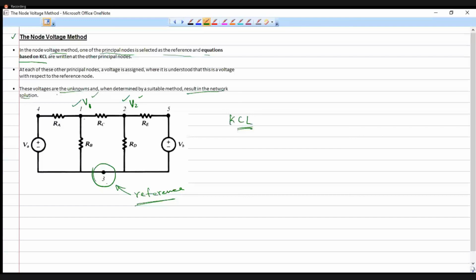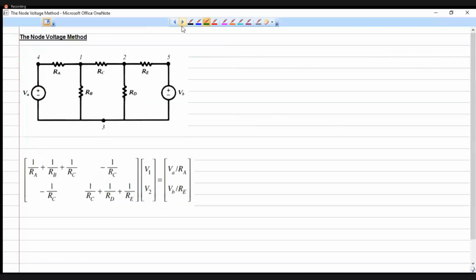Once we get V1 and V2, we can use them to find the branch currents, etc. The algorithm can be demonstrated by means of an example.